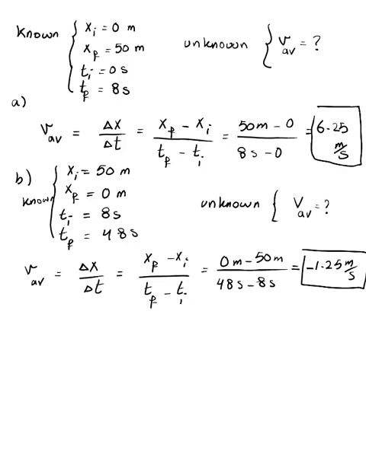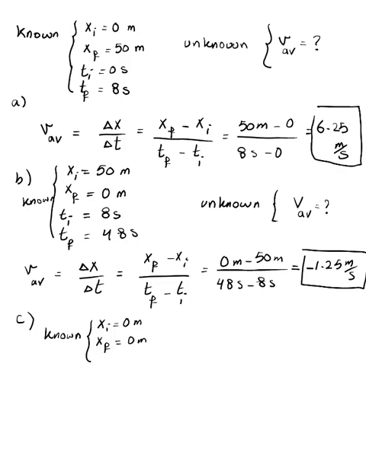And finally in part C, it asks us to find the average velocity for the complete round trip. So here again, I have the known of this part. The round trip means that he starts at 0 and then he goes back to 0, right?